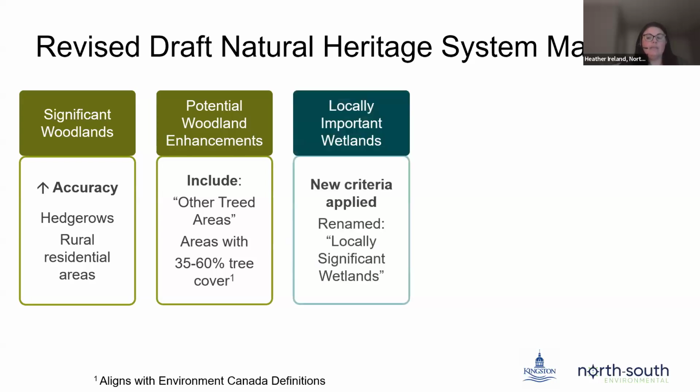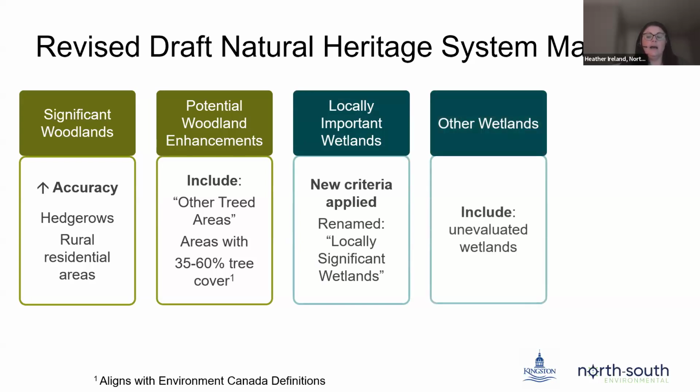We also have made some refinements to the locally important wetlands, formerly known as locally significant wetlands. The draft natural heritage study report has included new criteria to identify and map this feature in order to clarify its location on the landscape.